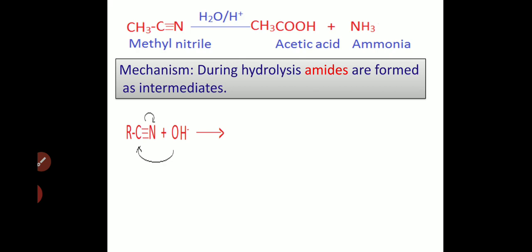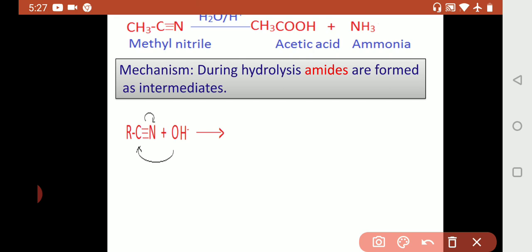What is happening in RCN? As the electronegativity of nitrogen is more than that of carbon, the pi bond is shifting towards nitrogen, as we see with the arrow mark. What is the meaning of electronegativity?